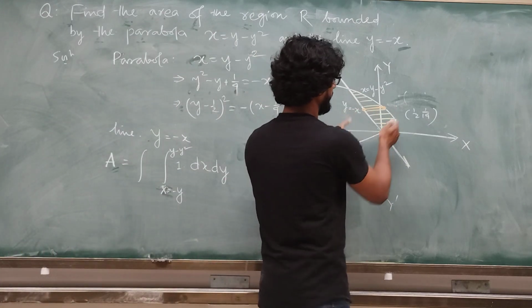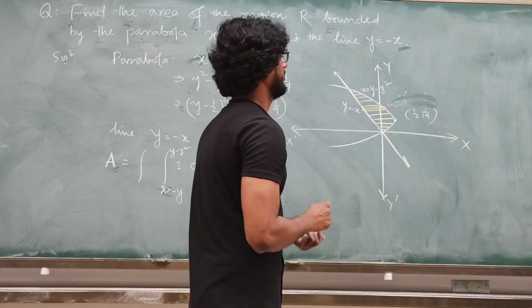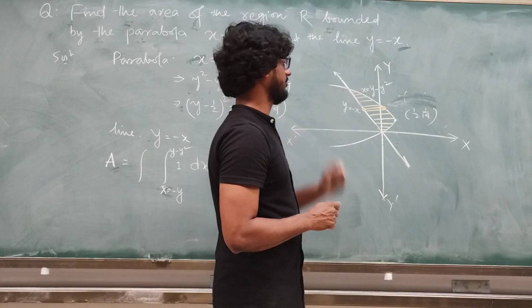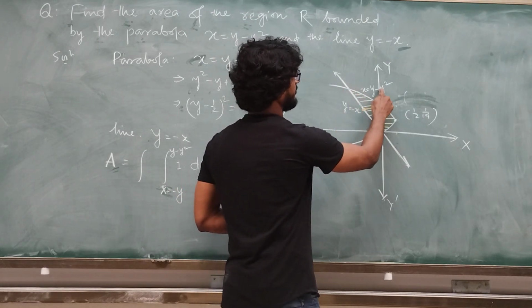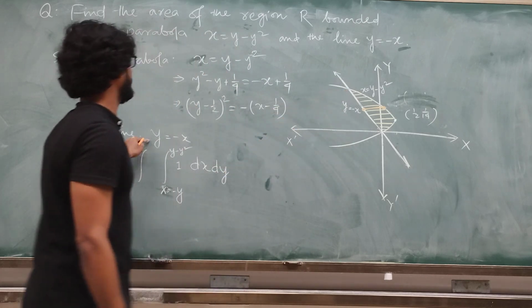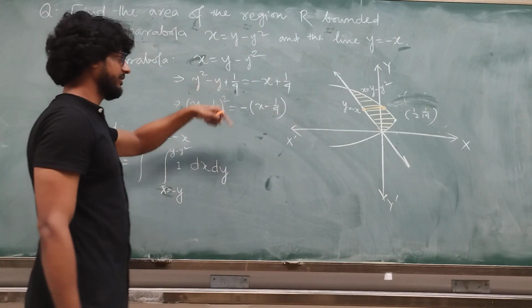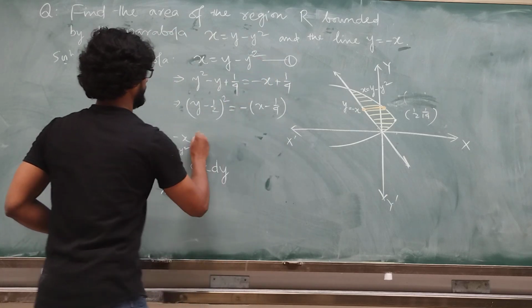After taking the limit of x, we can project it onto the y-axis, and then we will get the limit of y. Before that, we need to know the point of intersection of this line and this parabola. Think this is equation number 1 and this is equation number 2.